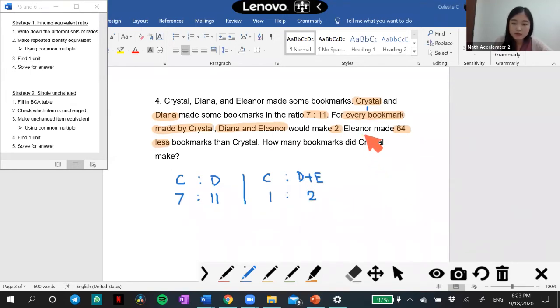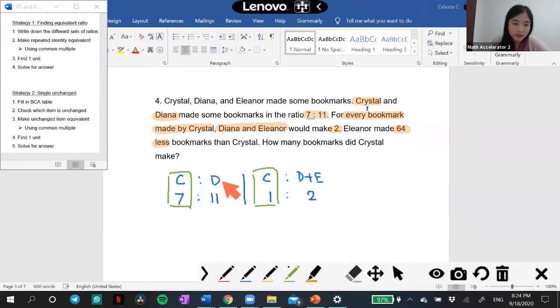Right, so now, which one is repeated that I must make equivalent? Crystal. Yes. Right, I cannot make Diana equivalent, right?